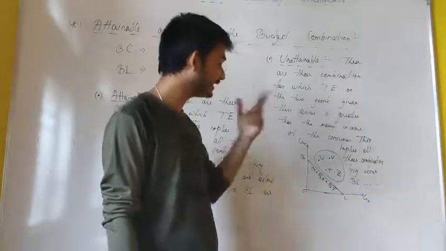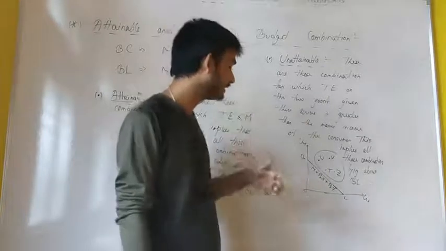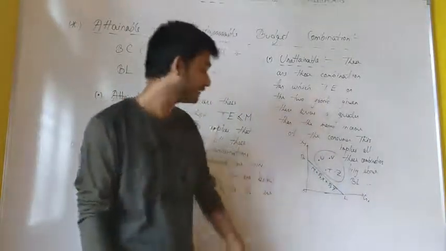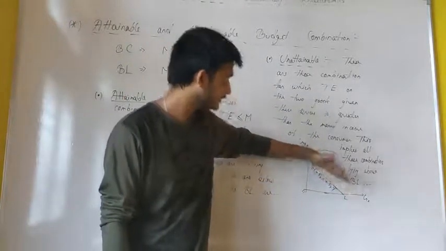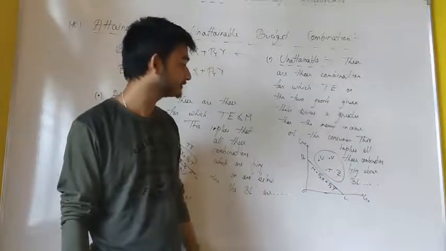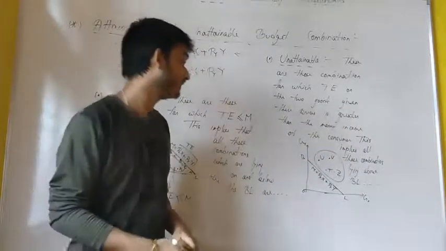The expenditure I need to incur is greater than the income I am having. My income is restricted up to this much, and for this set of combinations my income would have to be even larger.